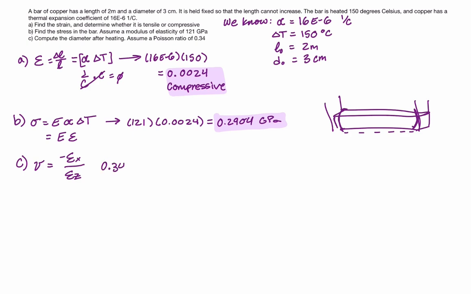So 0.34 is equal to negative epsilon x over, and we're going to go ahead and set our z direction to be 0.0024. Right?